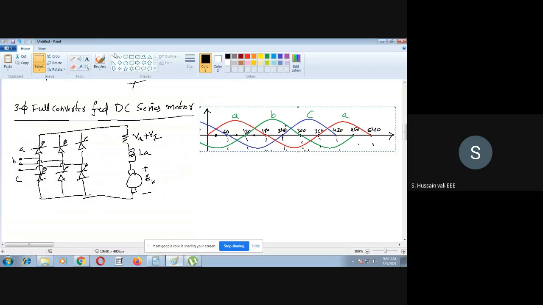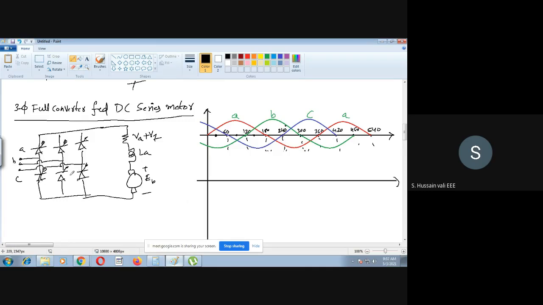Okay, so we'll have this. Then once again the same procedure, that it is 30, it is 90. So you will get something like this.